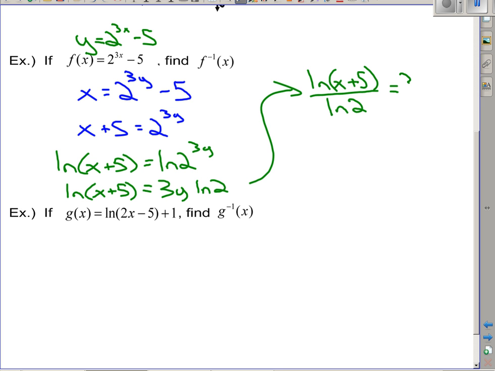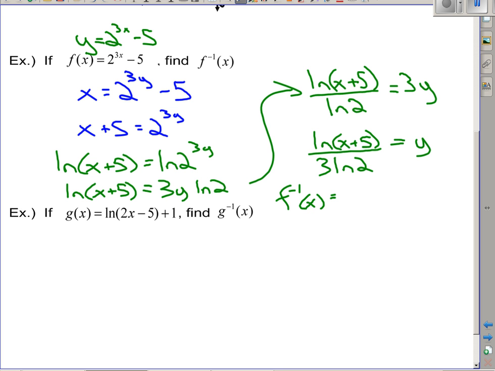And that'll give me 3y. And I can also divide both sides by 3. So I'll get ln of x plus 5 over 3 ln 2 would be my y. Finally, I can just write it with appropriate notation.